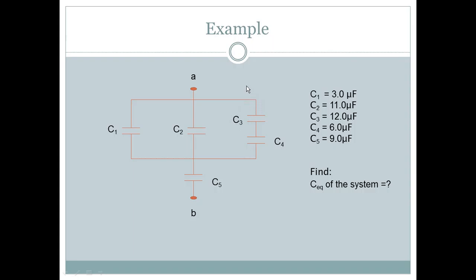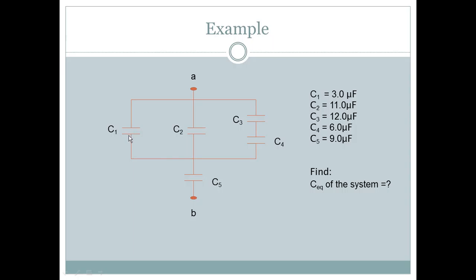Now, once you have combined the two capacitors C sub 3 and C sub 4, you could replace the combination by a single capacitor representing the combined effects of C sub 3 and C sub 4, after which you determine what type of combination that equivalent capacitance has with the rest of the circuit.